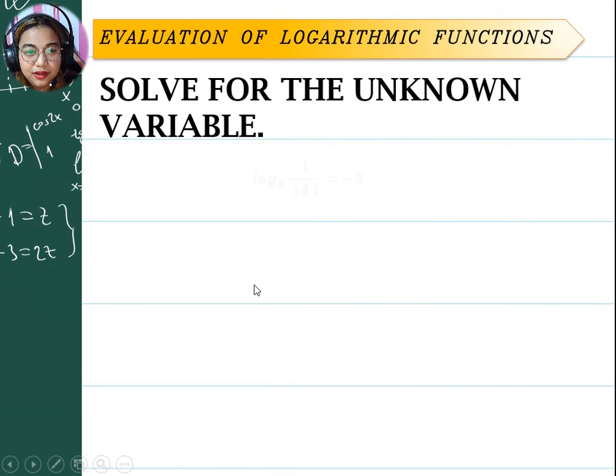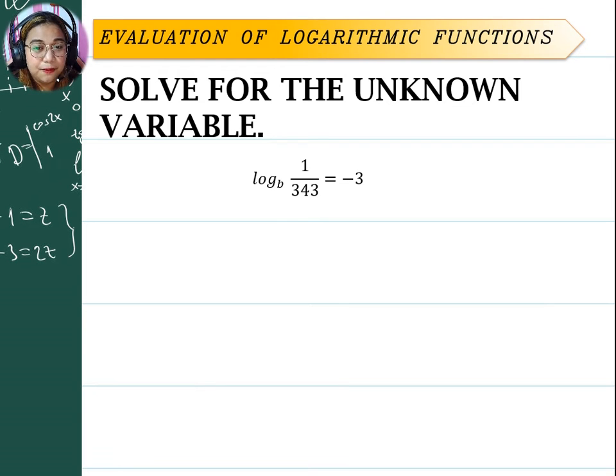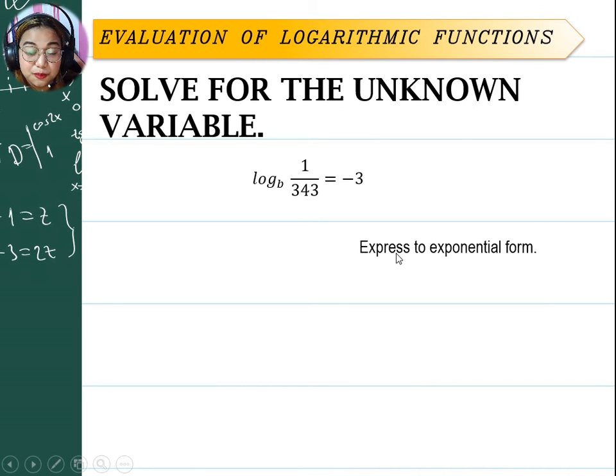Okay, another example. So nawawala ulit yung ating base. So we have here logarithmic of 1 over 343 base b, which is the missing variable or the unknown variable, equals negative 3. So to express the exponential form, we have b raised to negative 3 equals 1 over 343.